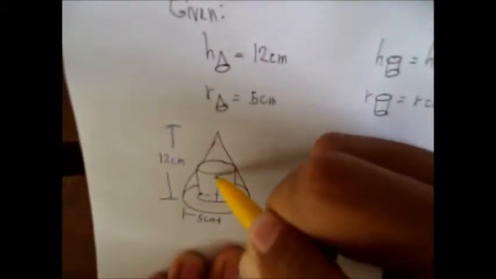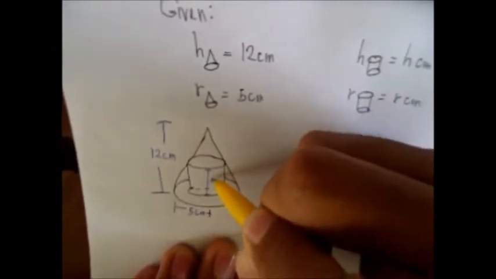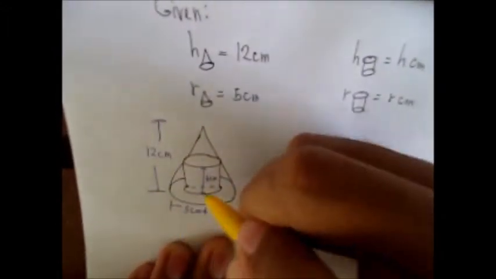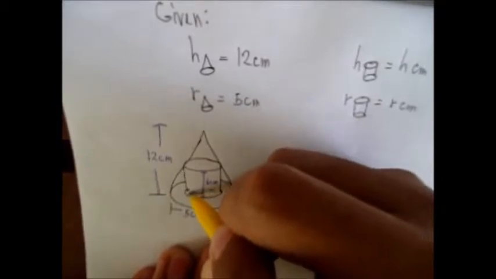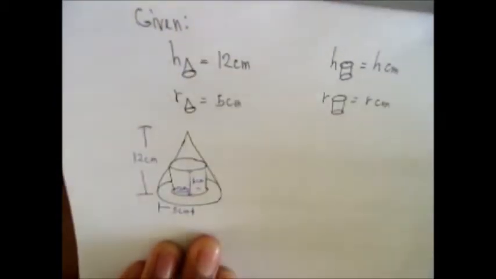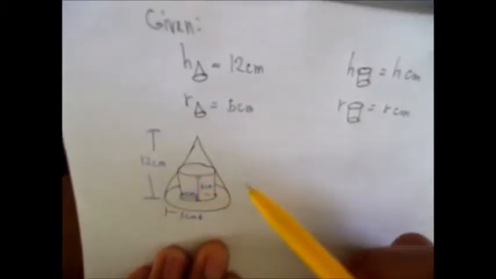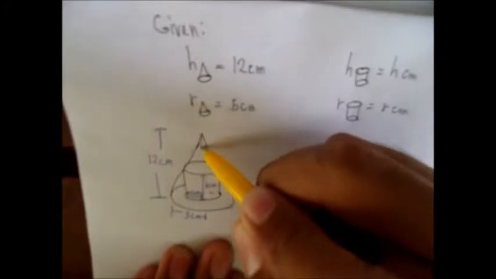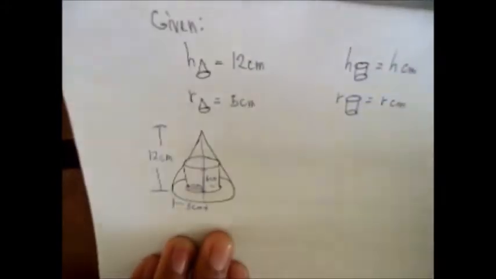Then the height of the right circular cylinder is equal to h centimeter, and the radius of the right circular cylinder is r centimeter. So with this illustration, we can create a right triangle.